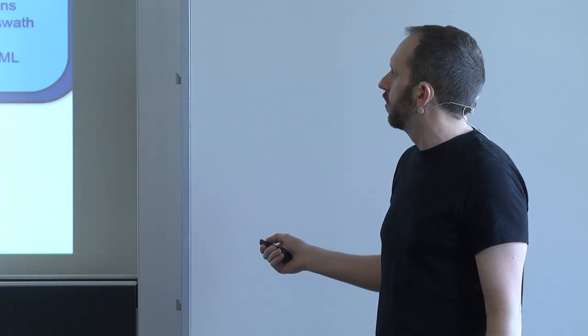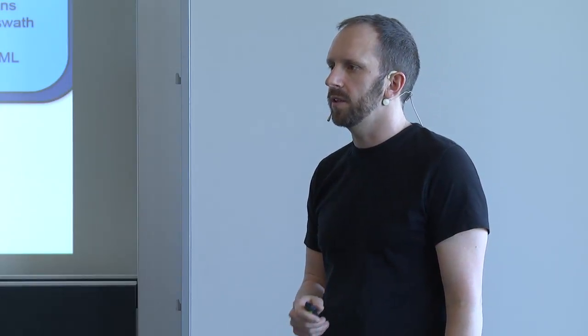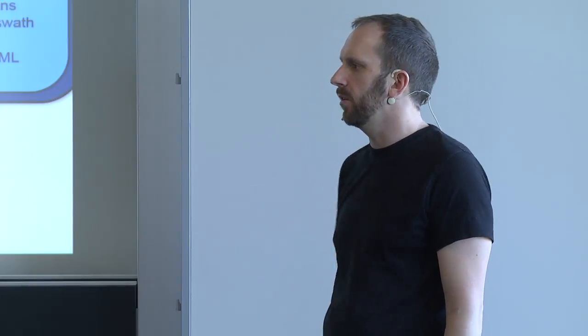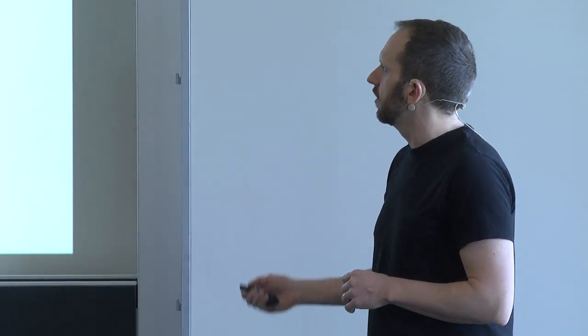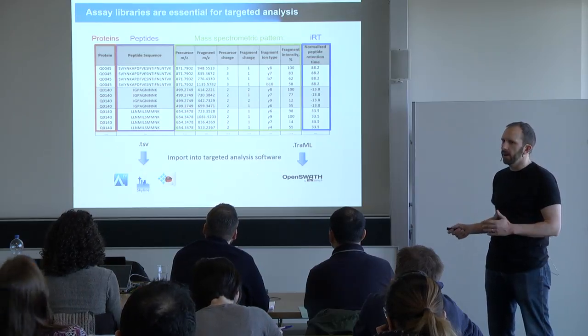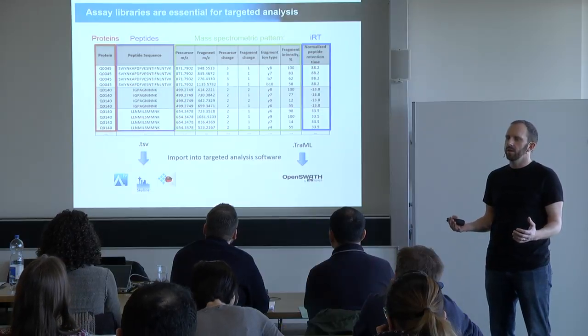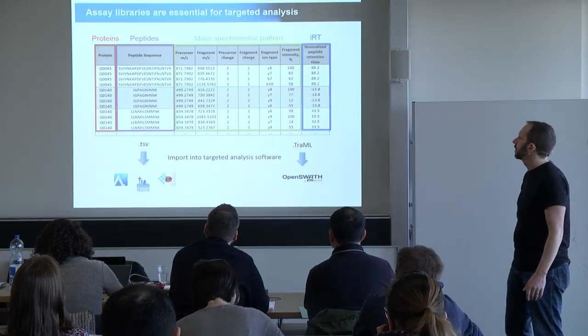Then for the OpenSwath tool, we convert to the TraML format, and we also add decoys at this stage, but that's not necessary for Skyline or for Spectronaut or other tools. So basically this is what we should have at the end. This is what I showed you, and we have either this table format or this TraML format, and now you're ready to import it into Skyline or into OpenSwath and do the analysis.